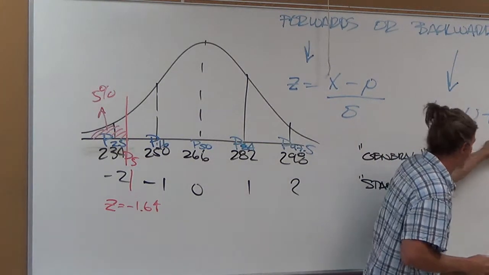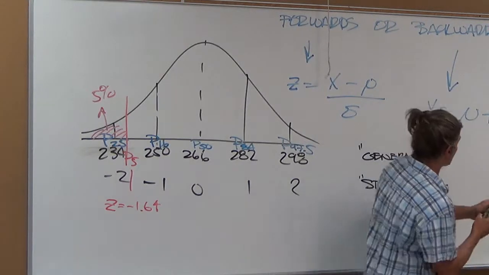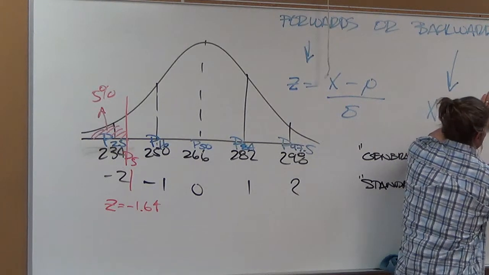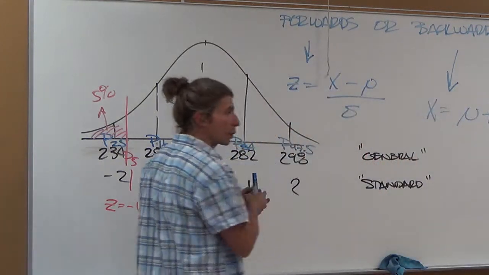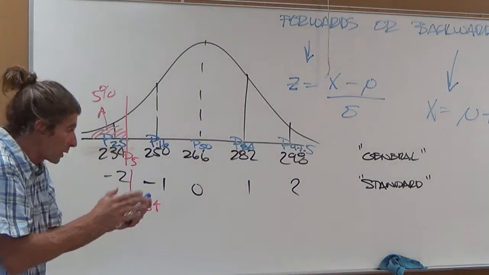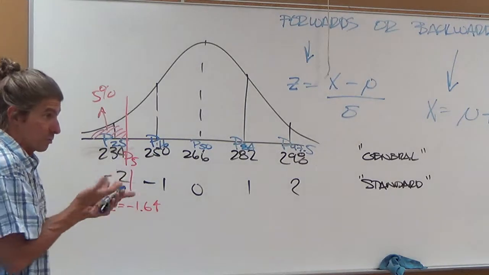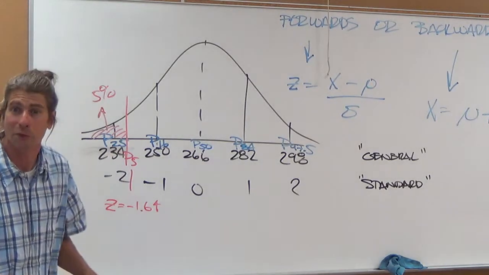It's going to be negative because Z is negative in this case. So when you do negative 1.64 times sigma and then add it to mu, it's going to shift you down the correct amount. So you can totally use the formula if you want to, or totally just crunch through it logically if you want to.